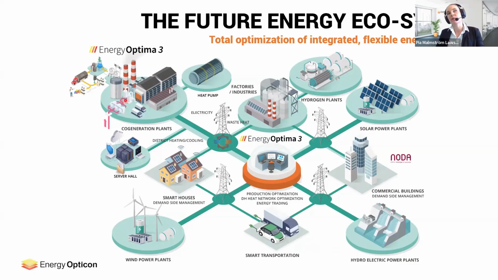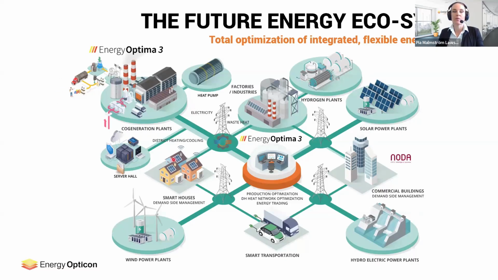And all of this has to be taken into consideration while you fulfill the demand and optimize the heat network, but also take into consideration the trading planning, because the trading markets are also an important part of increasing the profitability for the energy companies.